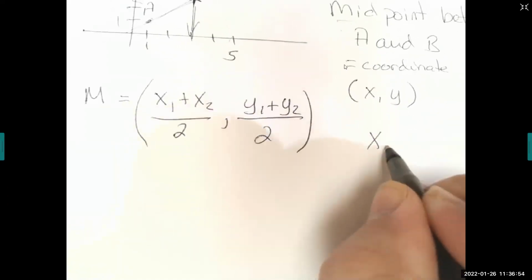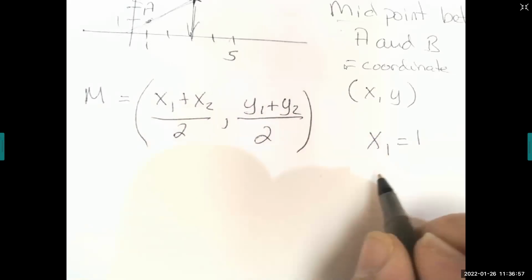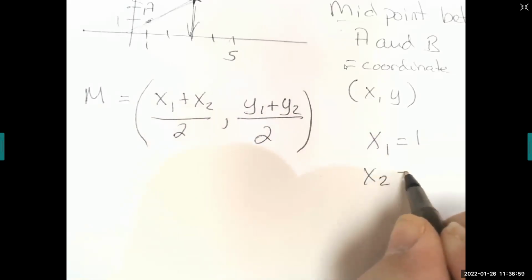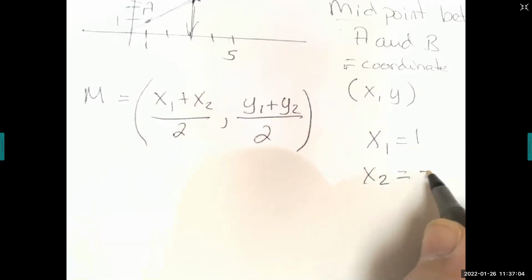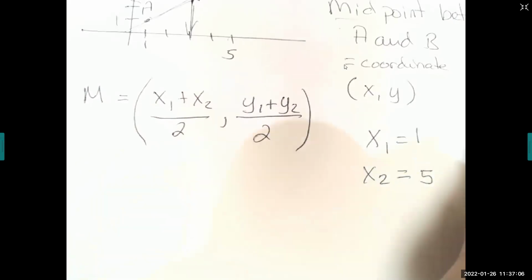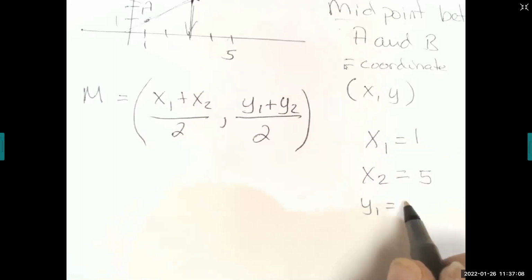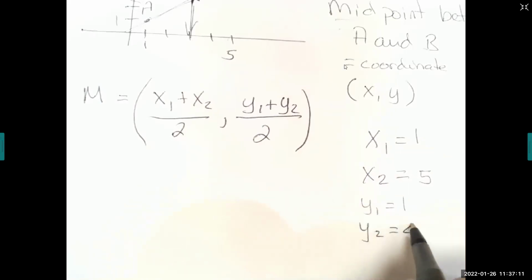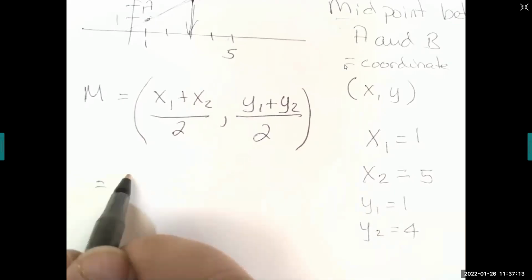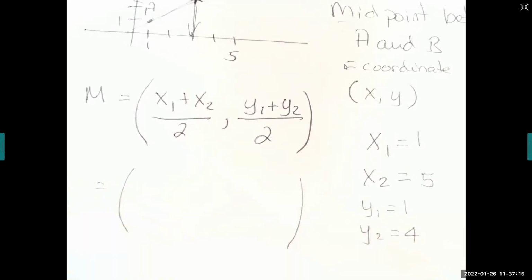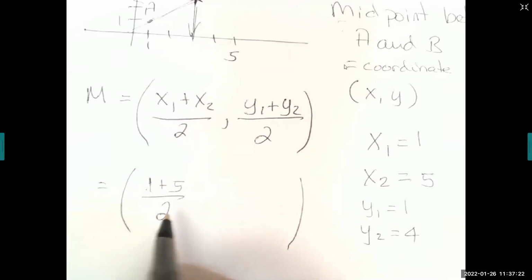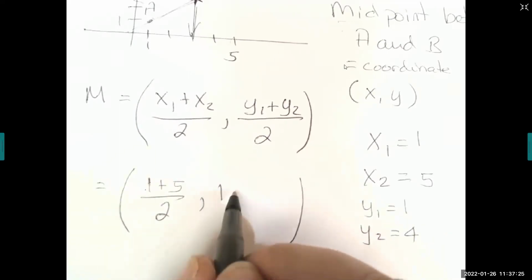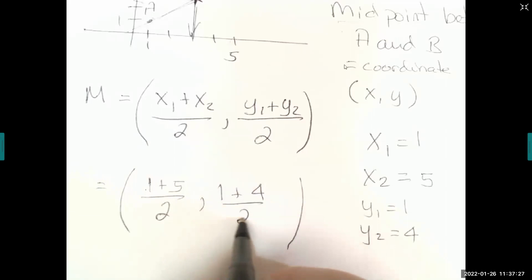So remember, x1 is 1, x2 is 5, y1 is 1, y2 is 4. So 1 plus 5 divided by 2, 1 plus 4 divided by 2.